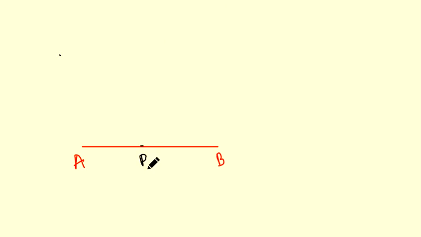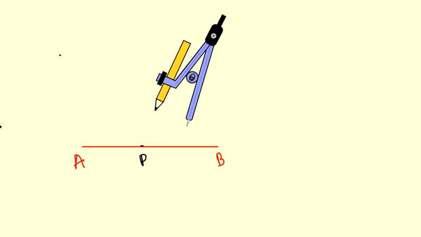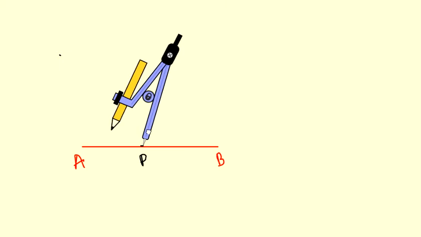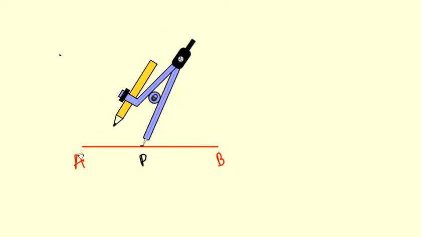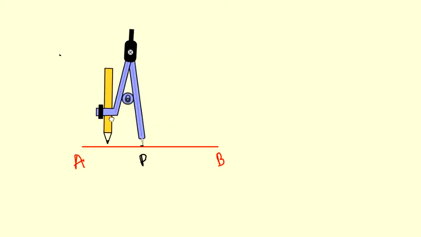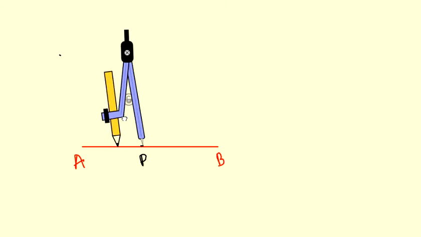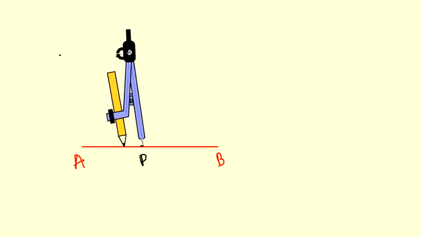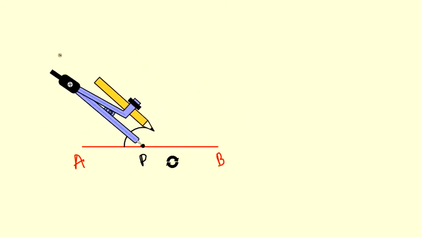Now construct a perpendicular on AB at point P. Simply at this point you have to construct the perpendicular. The same I have explained in the video on construction of perpendicular bisectors. So again you will take this as center, and with any radius you can start. Then draw a semicircle here.